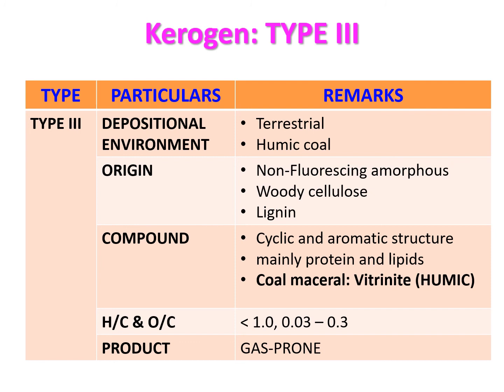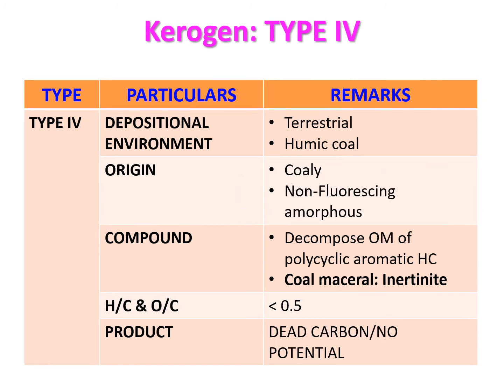The major compounds found in kerogen type 3 are cyclic and aromatic structures. The coal material that has kerogen type 3, we name it vitrinite, and it is a humic coal. It has the lowest H/C and O/C ratios, and the product is gas-prone.